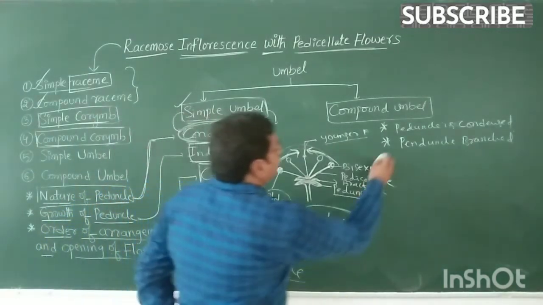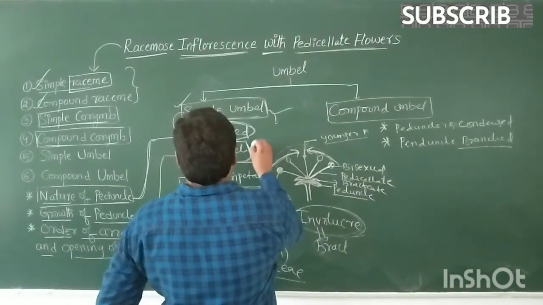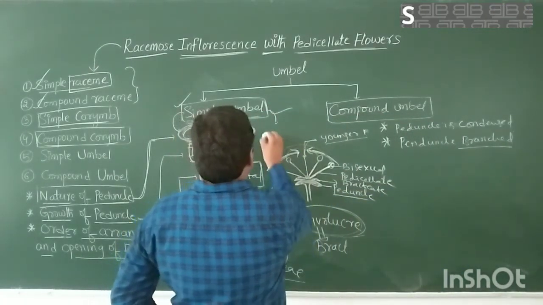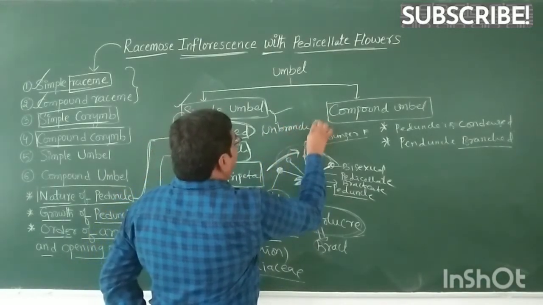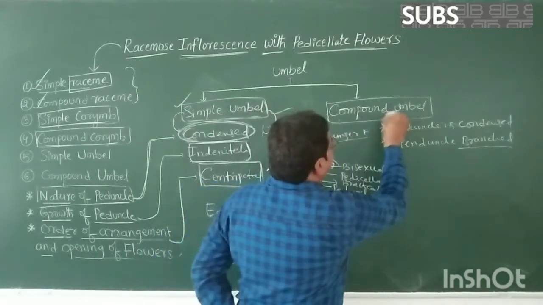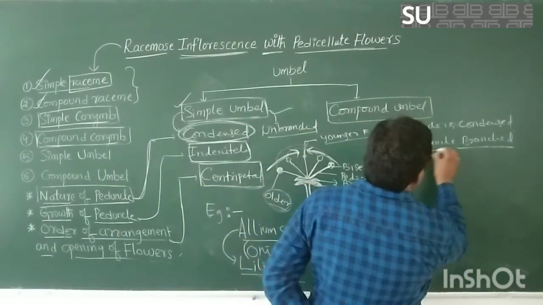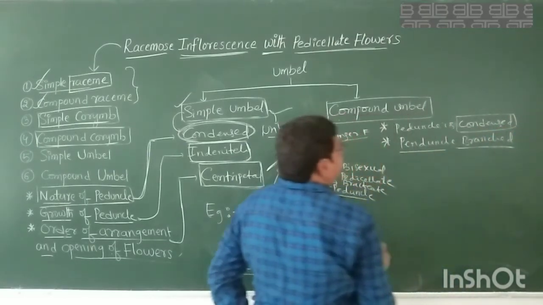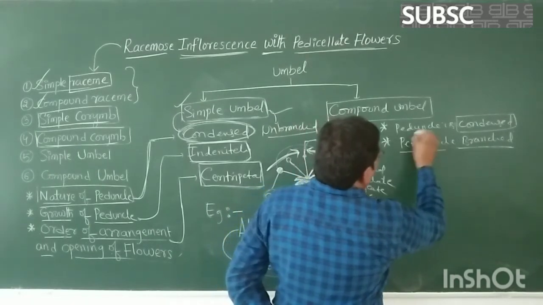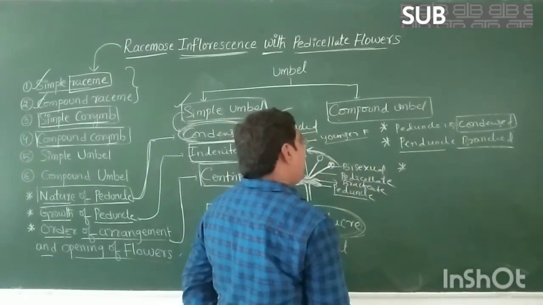See here, the peduncle is branched. The simple umbel is unbranched and the compound umbel is branched. So the growth of the peduncle can be reduced to a condensed form. So this is the compound umbel.